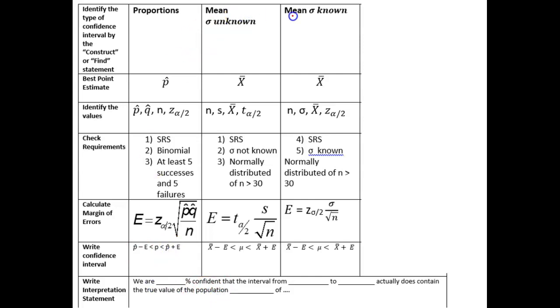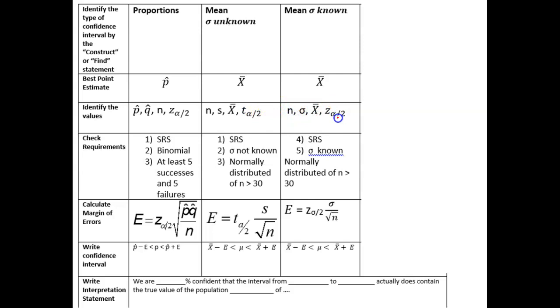Today we're going to be looking at these two types because they go together. The best point estimate when you're working with the mean is no longer p hat, it's x bar, because x bar is one of our unbiased estimators that targets the mean. The values we'll need are the sample size, the standard deviation, the mean, and our t or z critical values.